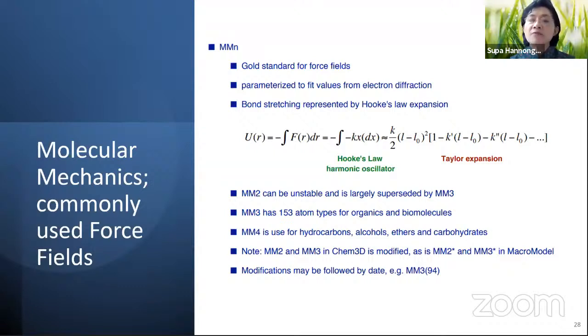And then they developed software packages and can commercialize them, and it is quite a good business. The companies that build molecular modeling packages have very good business on that. And the modification may be followed by a date, for example MM3 with 94 in brackets, which means the year this molecular mechanics version was launched.